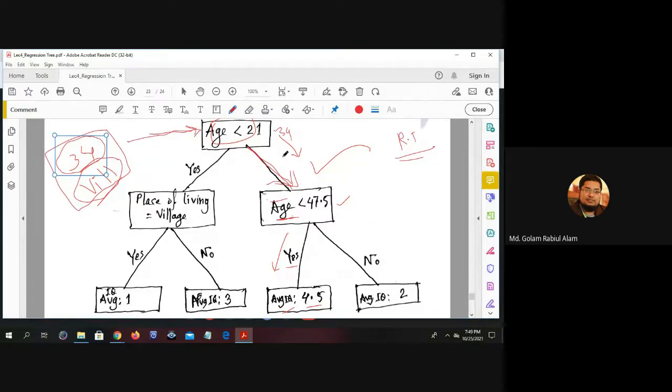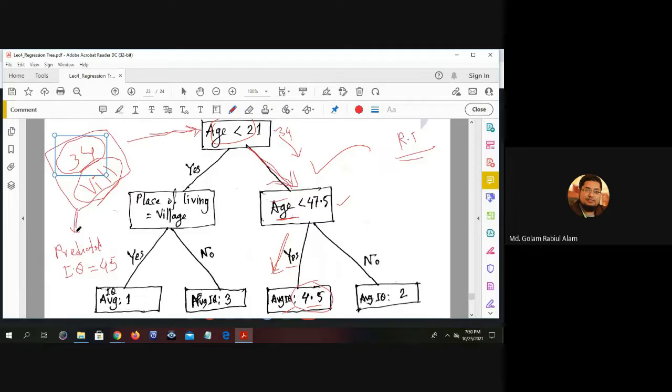Yes. So what will be the prediction? The prediction will be 4. That means the predicted IQ for this person will be 4.